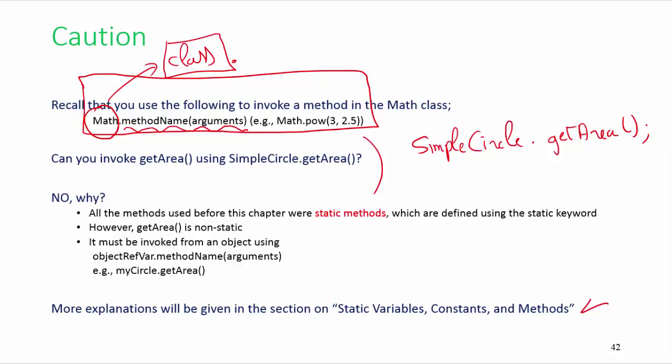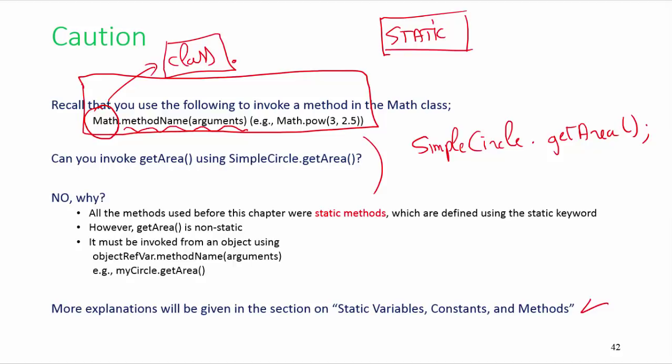It's given to us by the JDK. But every time you have a class that allows you to call methods directly on the class, those methods have to be defined using the keyword static. I write it uppercase so that it's readable, but it's all lowercase. If you use the keyword static to define a method, and we're going to get into that in more detail, okay?